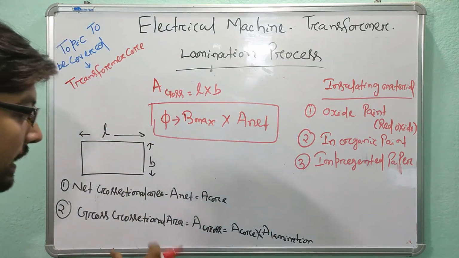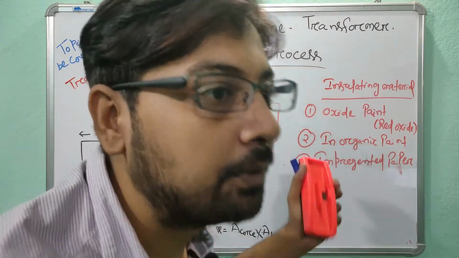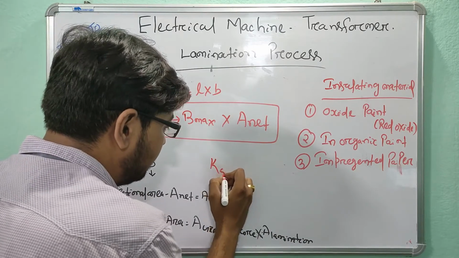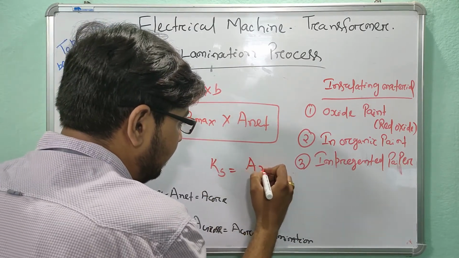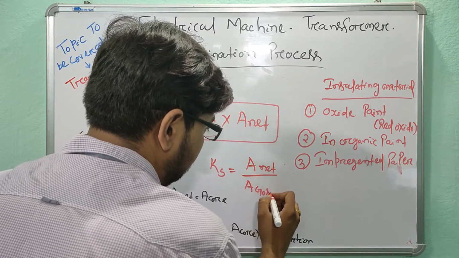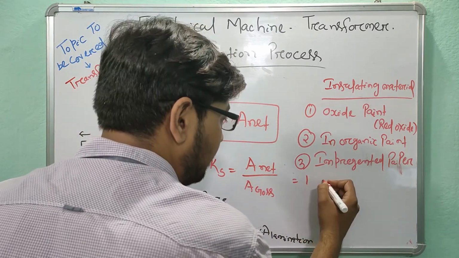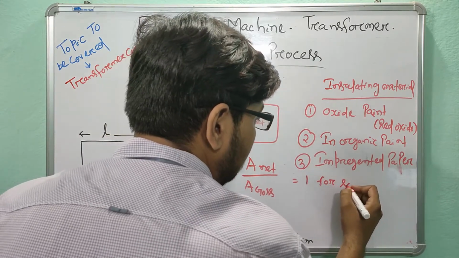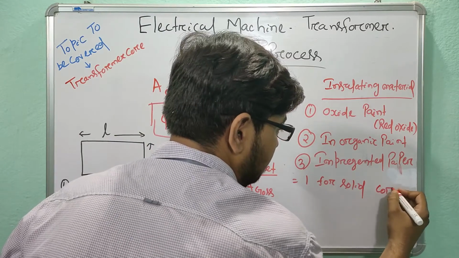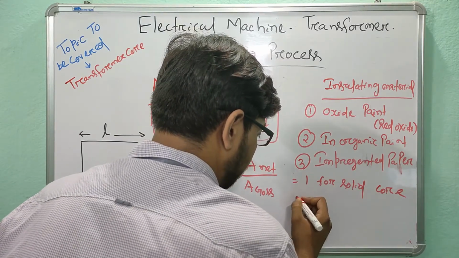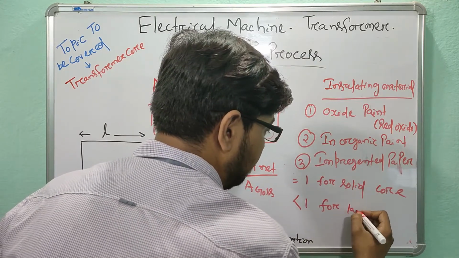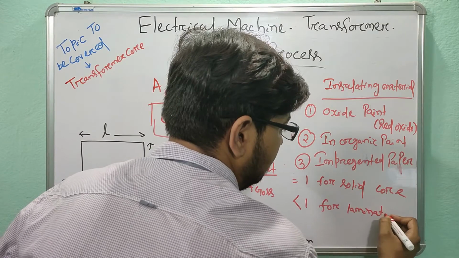Flux is not flowing in the gross cross sectional area, it is flowing in the net cross sectional area. So what is my stacking factor, that is Ks is equal to A net divided by A gross, and its value is 1 for solid core and less than 1 for laminated core.